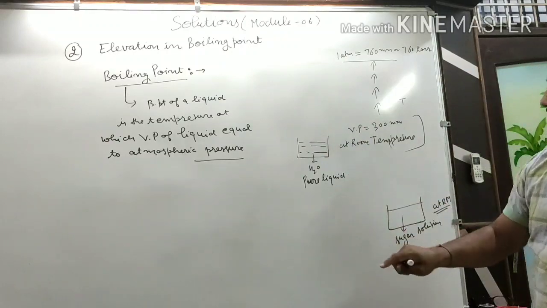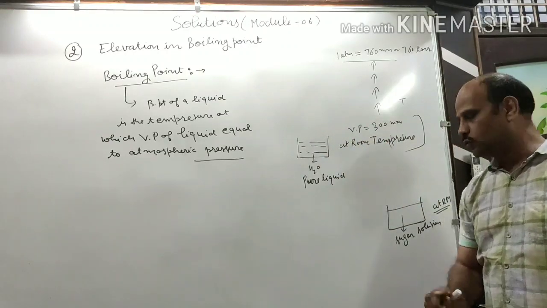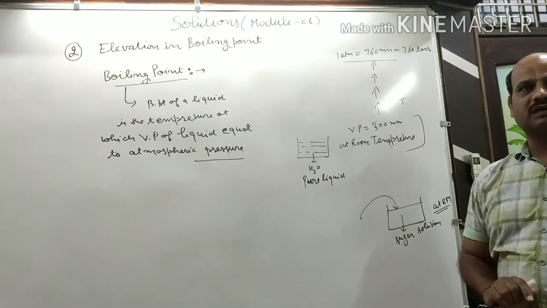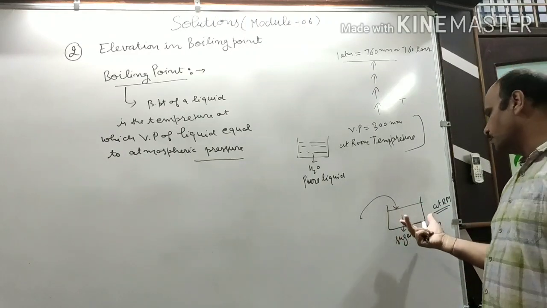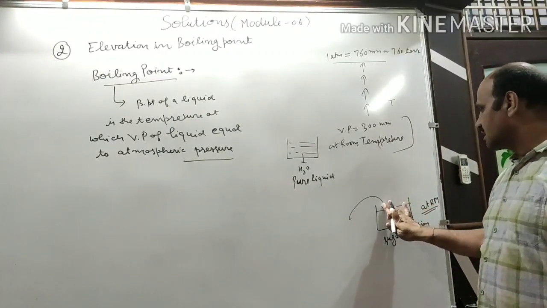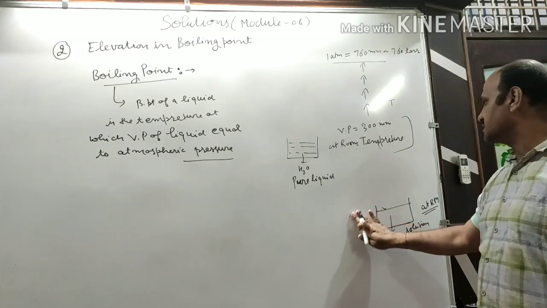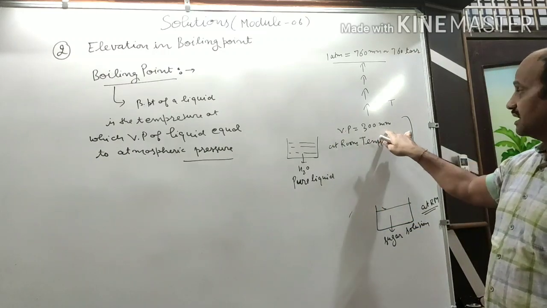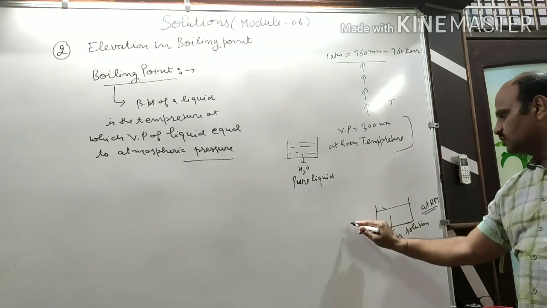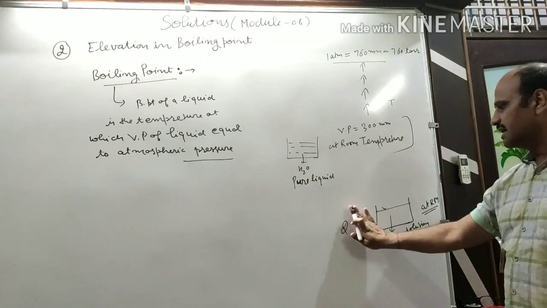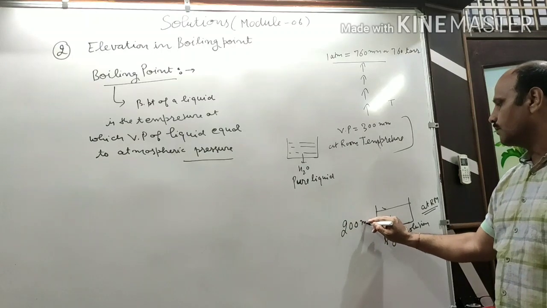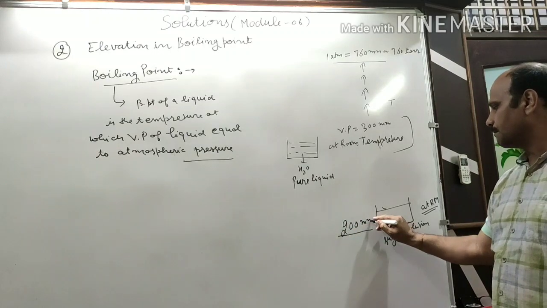From the earlier concept, when we add a non-volatile solute into a pure solvent, the vapor pressure goes on decreasing. Right now at room temperature this vapor pressure is 300 millimeter, and now it will decrease, suppose to 200 millimeter of mercury.